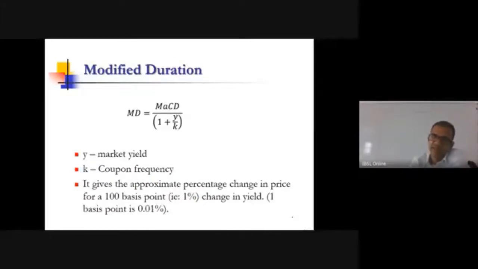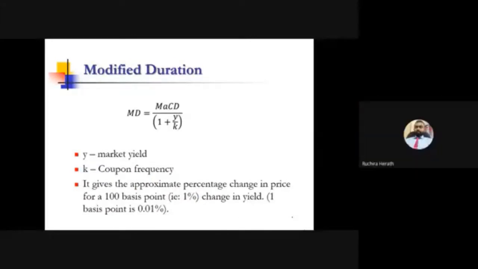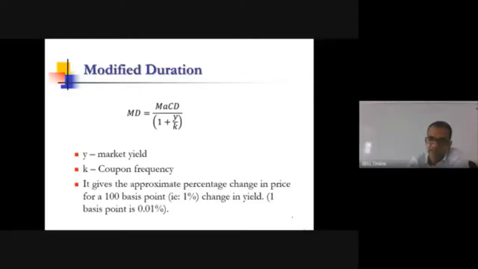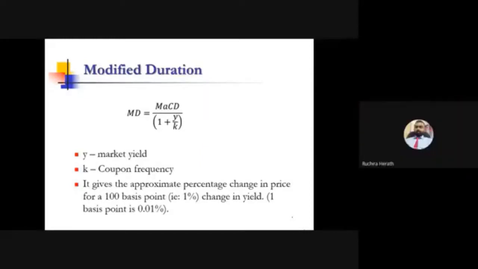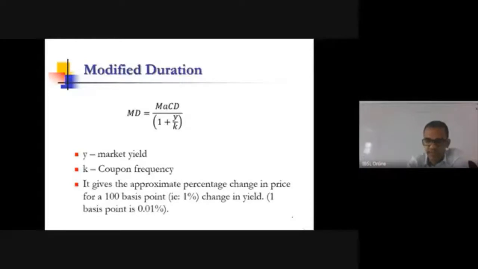One question: normally, when it comes to maturity and duration, most of the time duration is less than the maturity. Yes, very important. It cannot go beyond maturity. It should be equal to or less than maturity. Duration equals maturity only if the bond is a zero coupon bond.